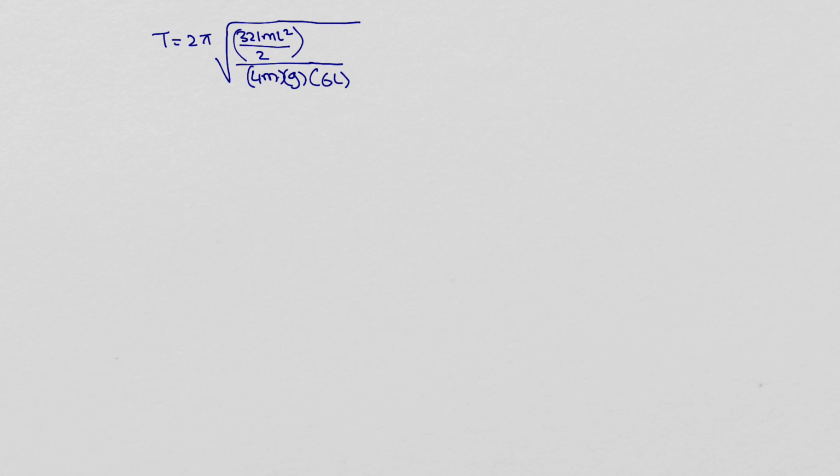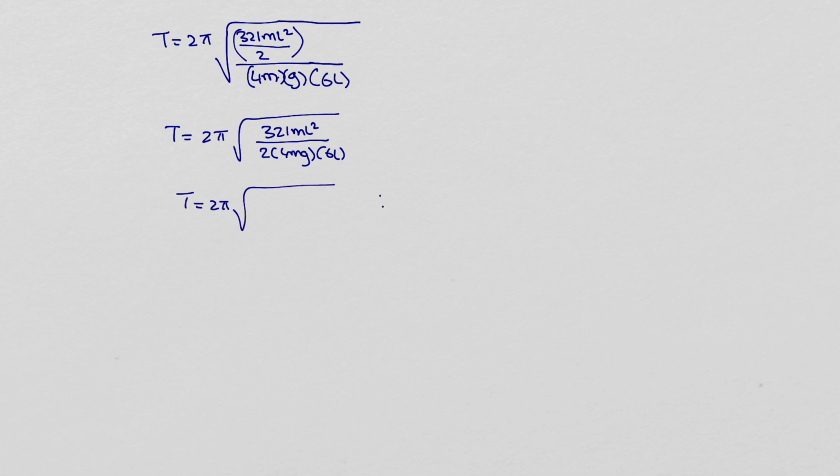So let's simplify this. So we have T is equal to 2 pi times the square root of, and I'll just drop down that 2 there, 2 times 4mg times 6L on the bottom. And therefore that gives us 321 mL squared on the top, and on the bottom then we have 48.